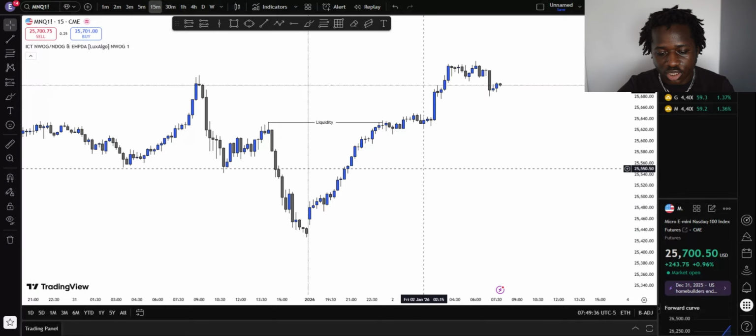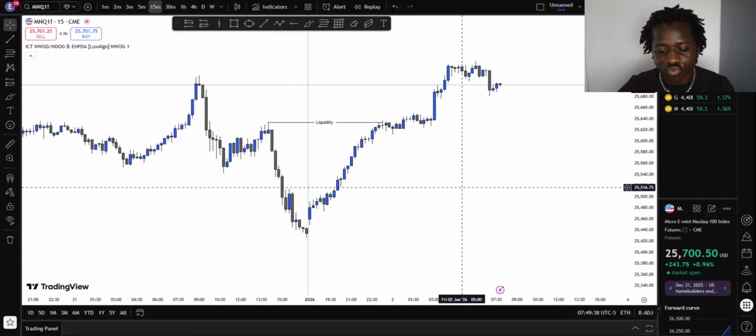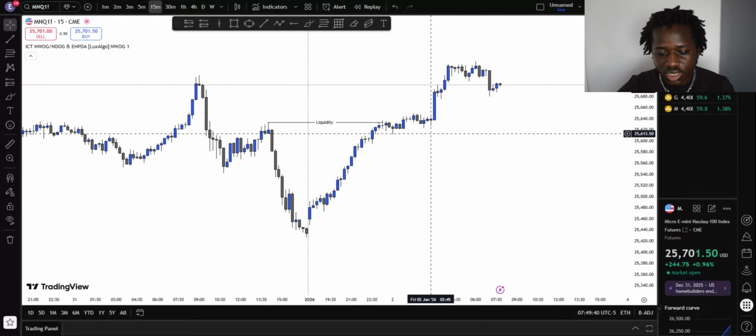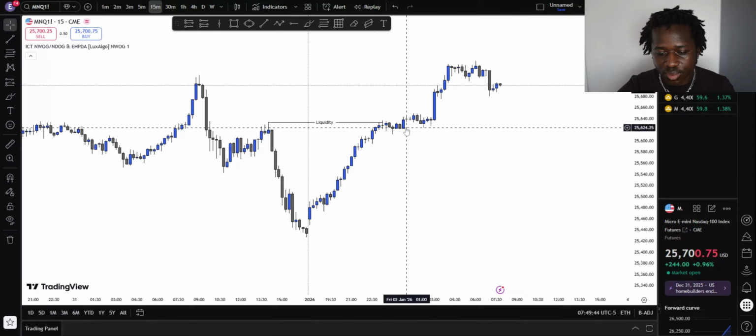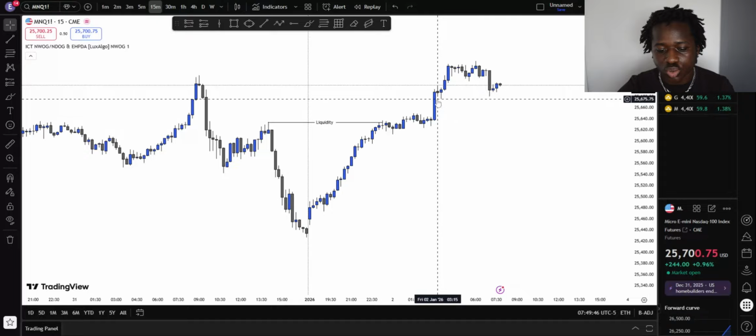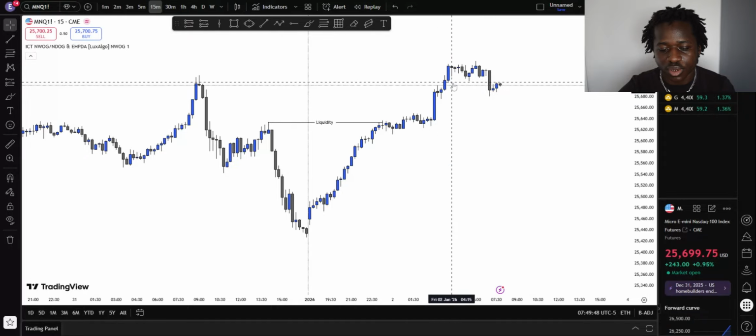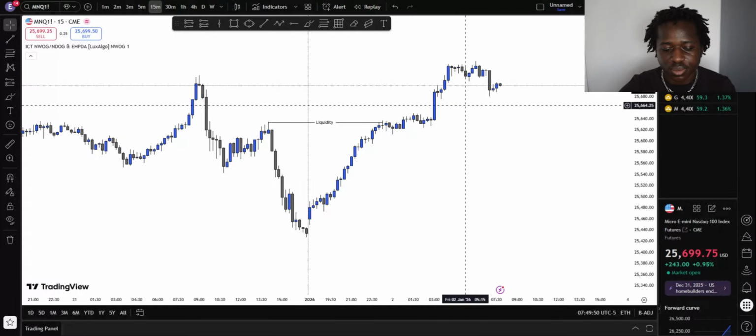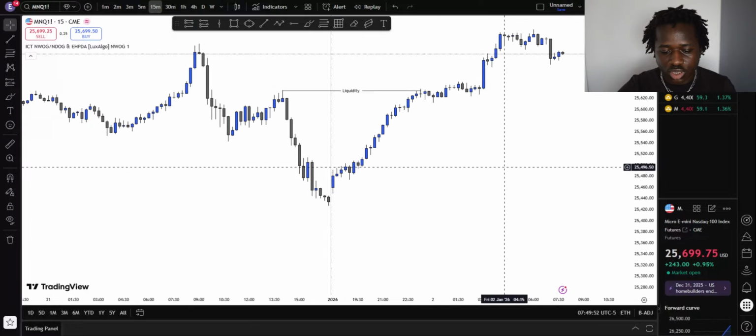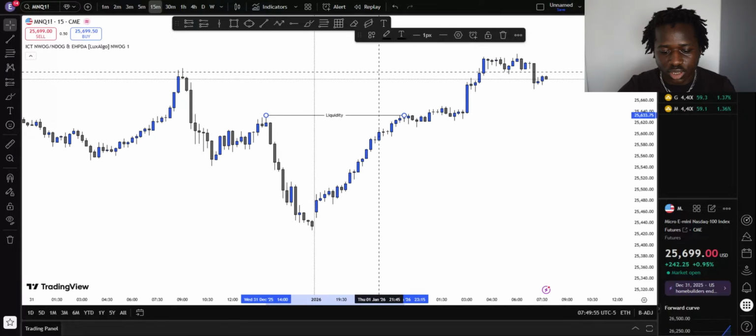It doesn't sweep it, it runs it, because obviously, yes, it creates an imbalance after sweeping the high that shows that buyers have taken control of the market and they want to push price higher. So this is what you would call a liquidity run.